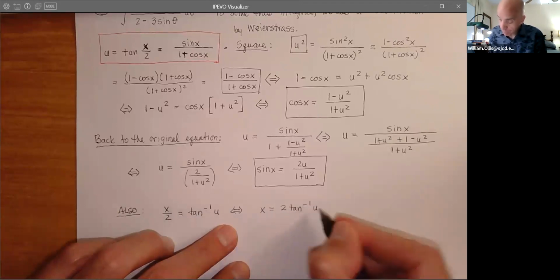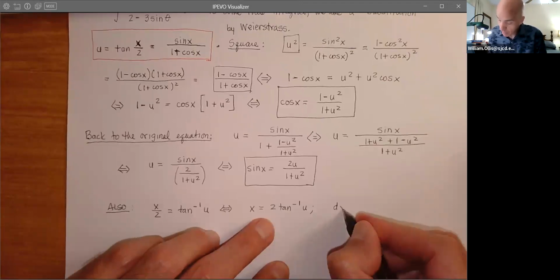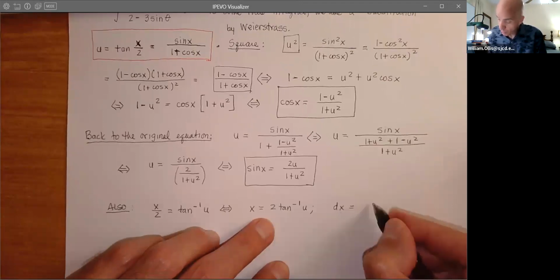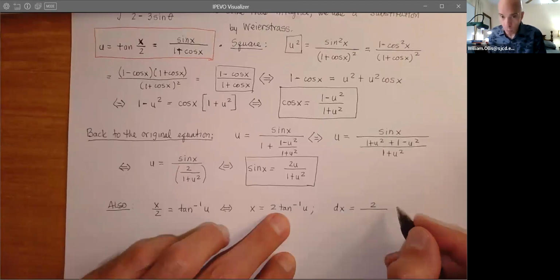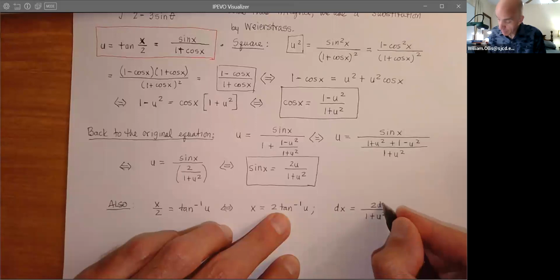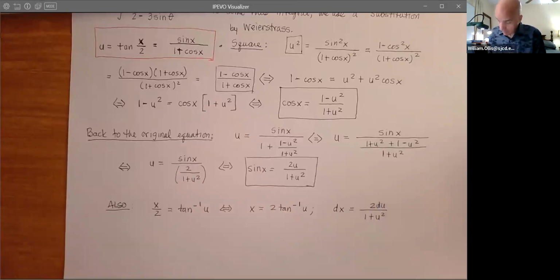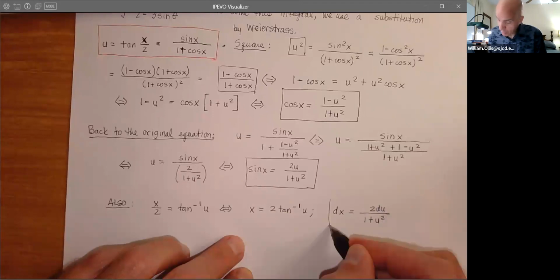And so now we can take differentials. So dx will just be 2 times 1 over 1 plus u squared du. Let's stick that up there. So now we've got all the ingredients that we need.